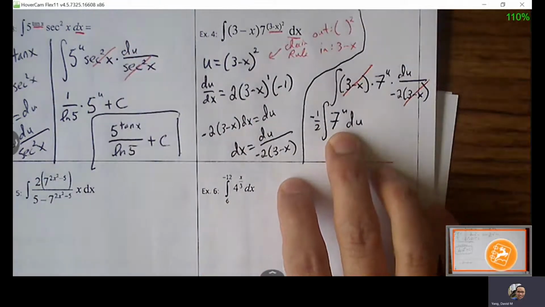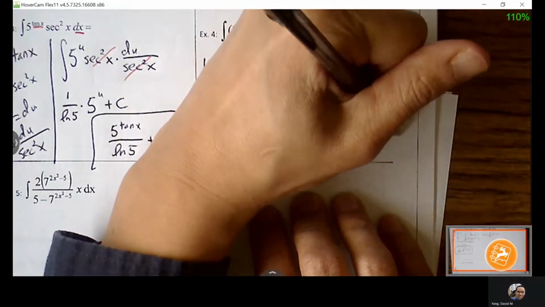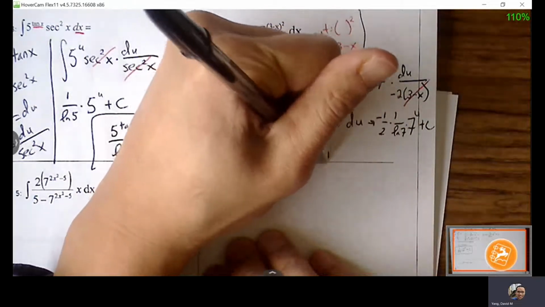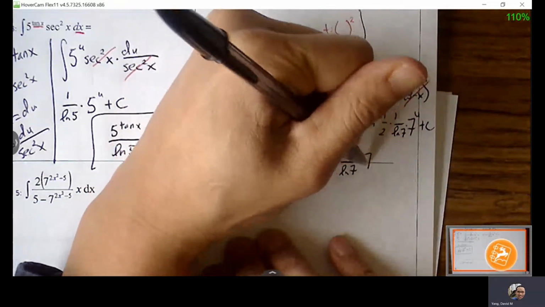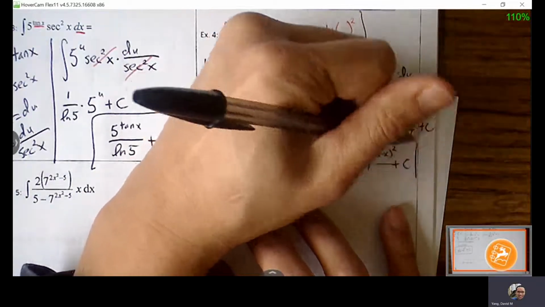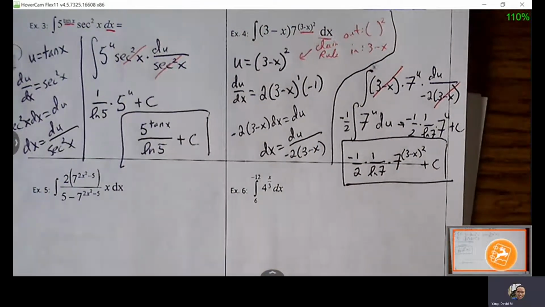Okay, matches nicely with my a to the u rule. Again, any variation of this answer, if you want to rearrange your fraction differently, that's perfectly fine. As long as all the pieces are there, that's what's important.